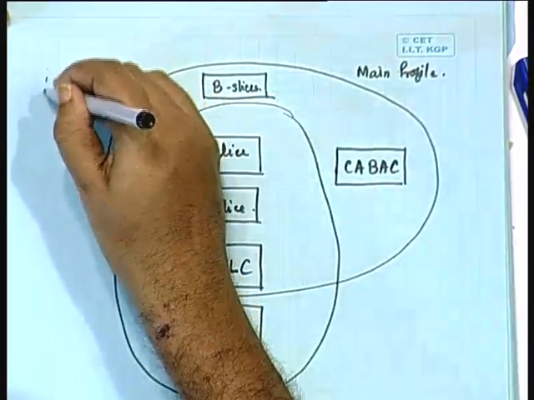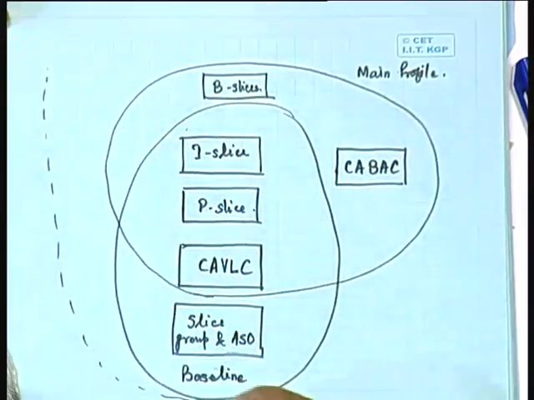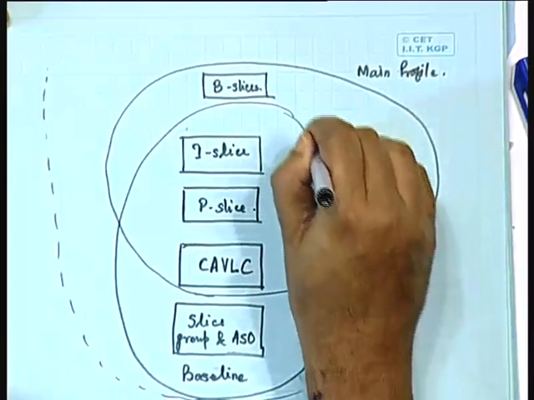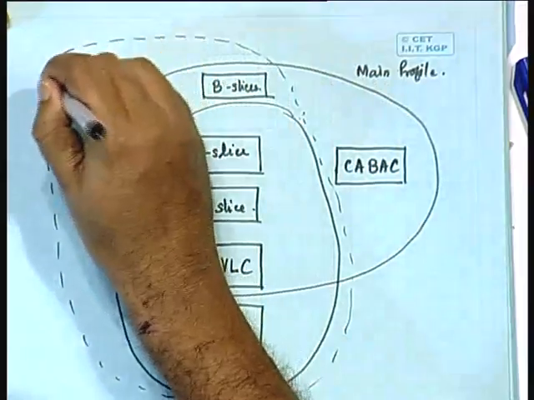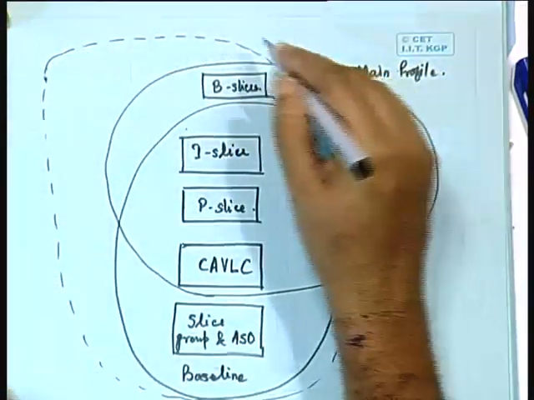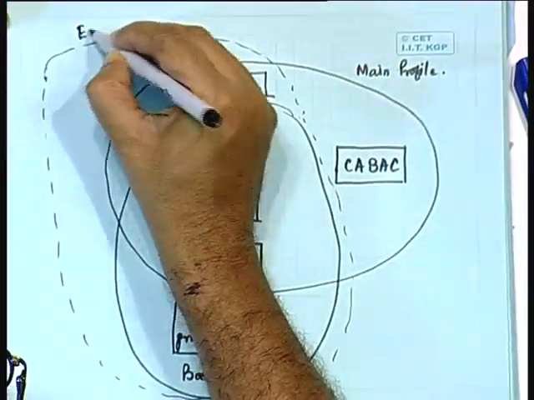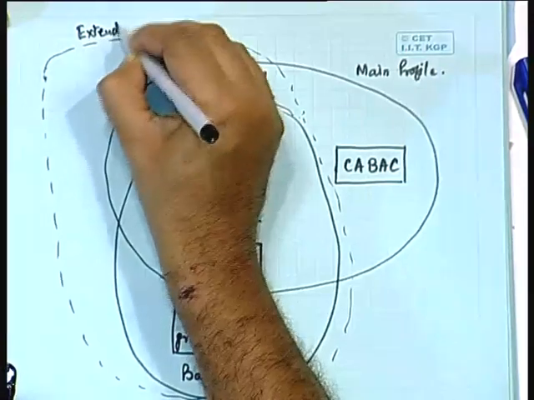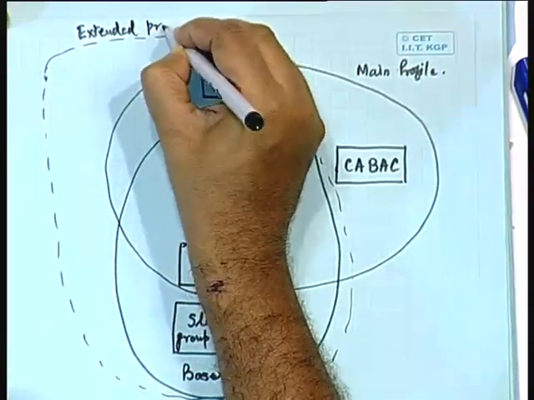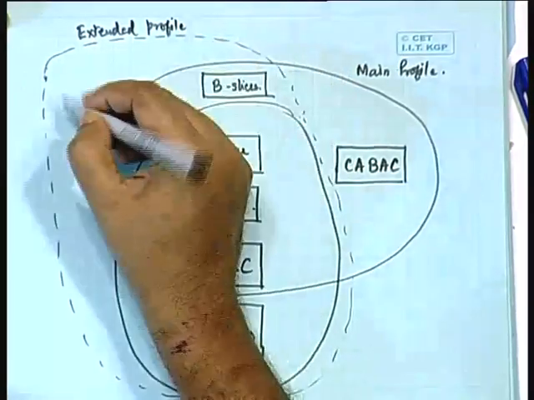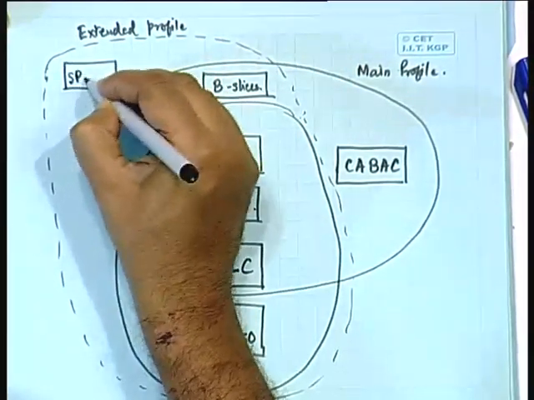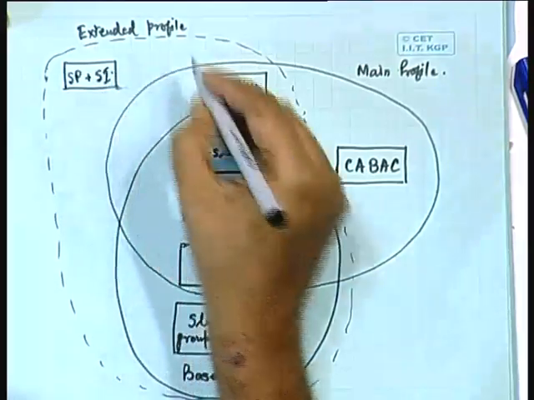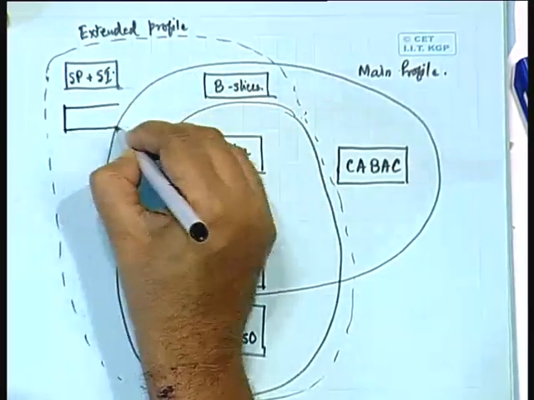That is in fact supported under the extended profile. The extended profile supports only CAVLC as the entropy coding, and in the extended profile, as I was mentioning, the SP and the SI slice modes are supported, and also the data partitioning.